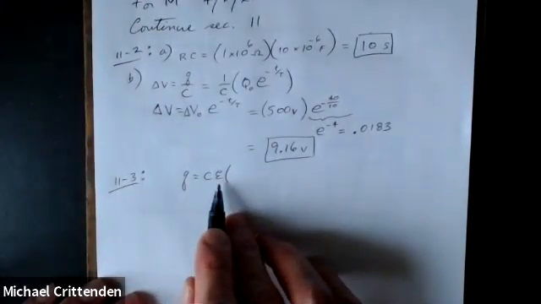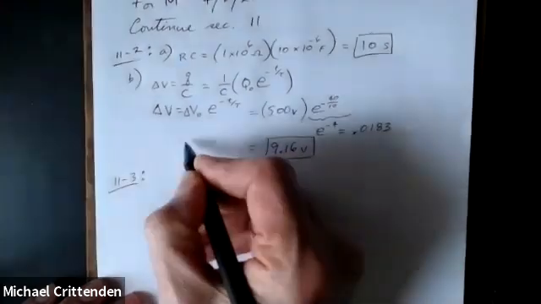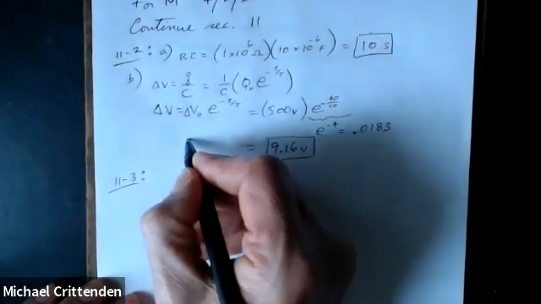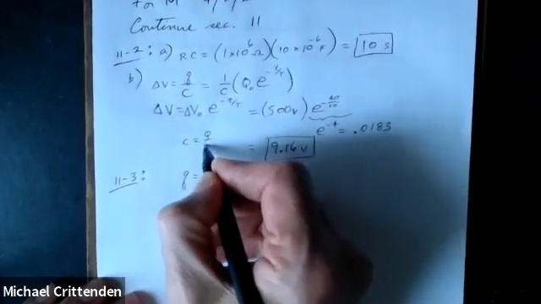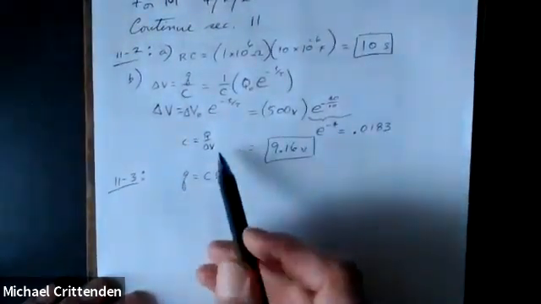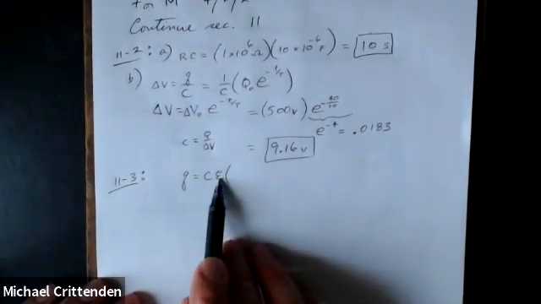C times the EMF is the final charge on the capacitor, okay? That also follows from the definition of capacitance, C equals Q over delta V. So charge equals C times the voltage.